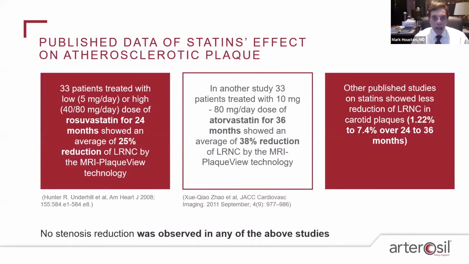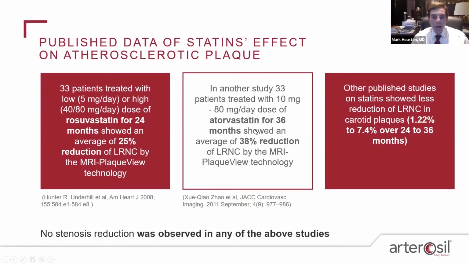So there's a lot of published data that I've shown here using other agents. This is a rosuvastatin study. This was over 24 months, 25% reduction. So this was important and significant, but still not to the same degree as we've seen in the ARTEROSIL study. And here's atorvastatin for 36 months showing a 38% reduction.